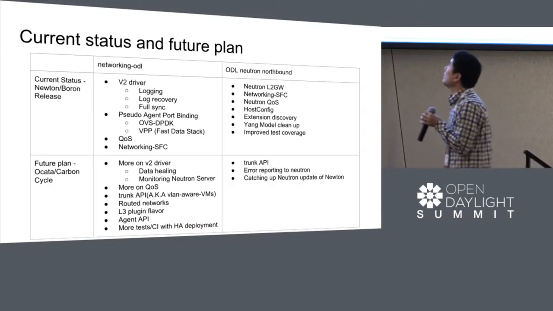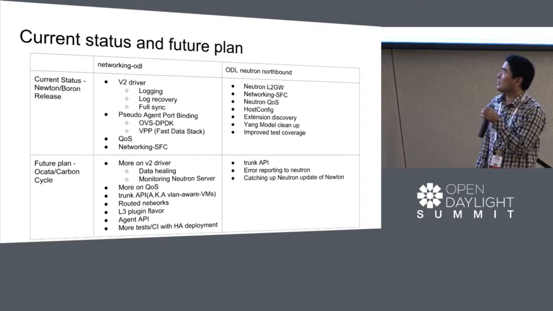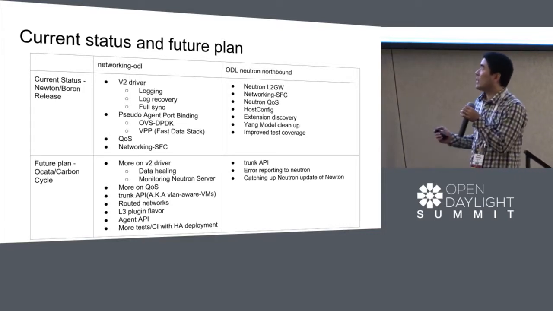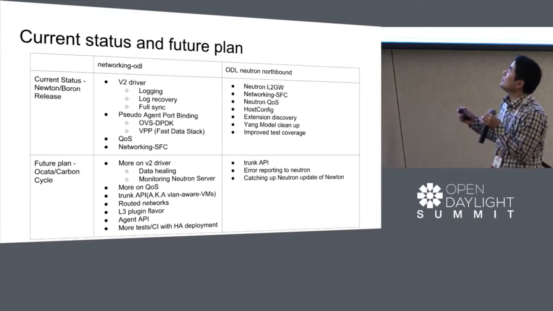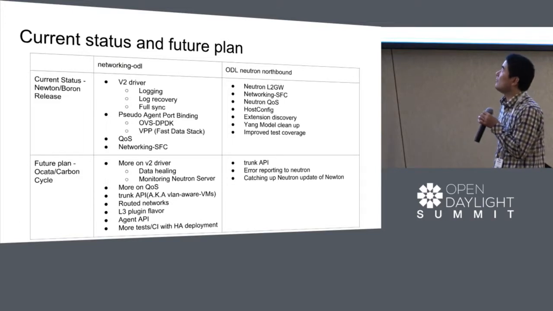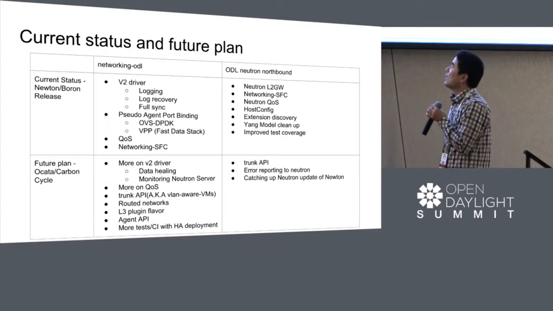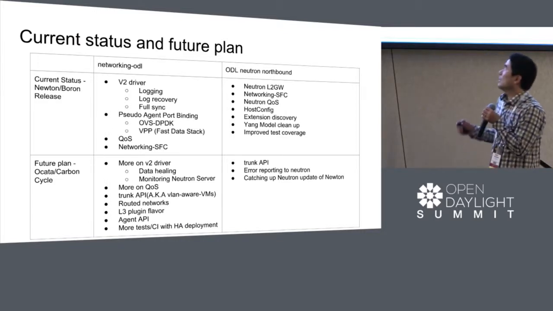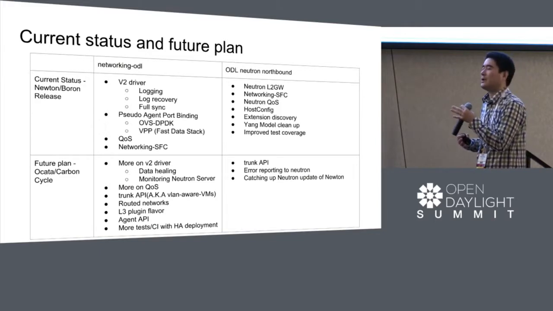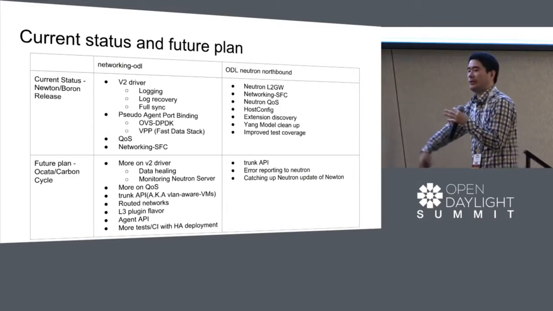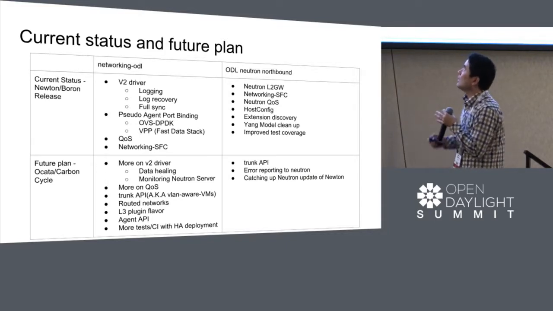Okay, so this matrix shows our current status and future plan, I mean, Okata or OpenDaylight Carbon. Right now, on the OpenStack side, we are focusing on the V2 driver and also pseudo agent port binding. For the V2 driver, right now we have a heavy race condition between OpenStack and OpenDaylight, so it addresses that.